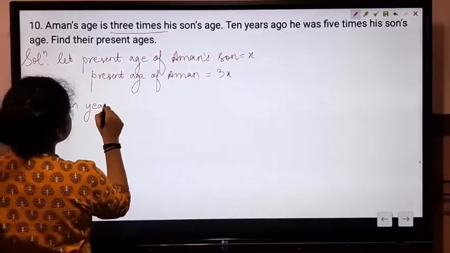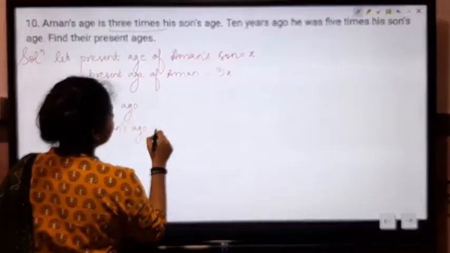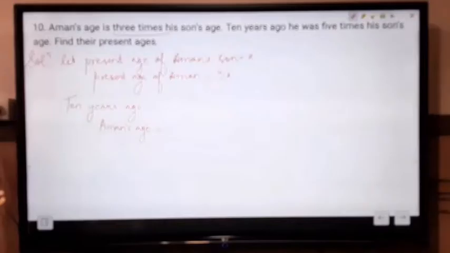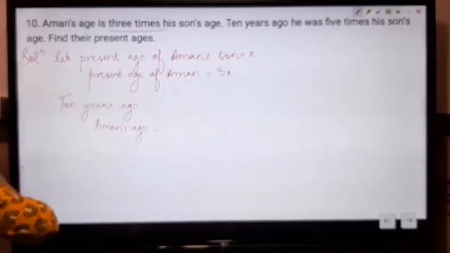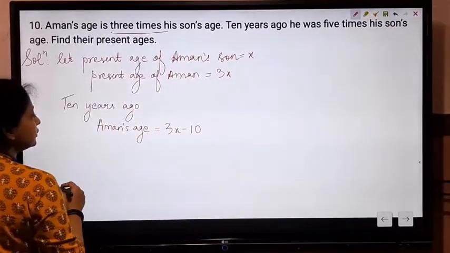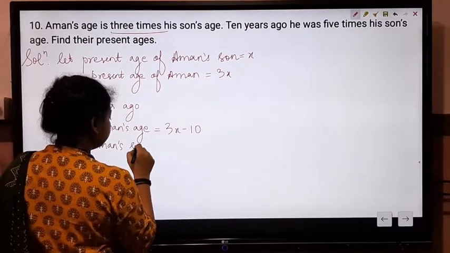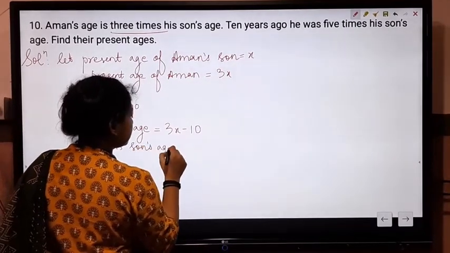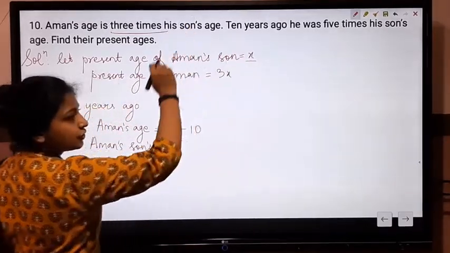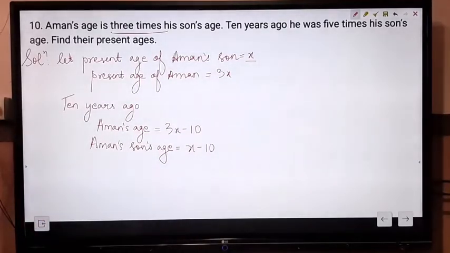10 years ago, the x and 3x are their present ages. 10 years ago, Aman's age would have been, if Aman is of 3x years of age today, so before 10 years he would have been 3x minus 10 years of age, and Aman's son, if he is x years old today, so before 10 years he would have been x minus 10 years old.